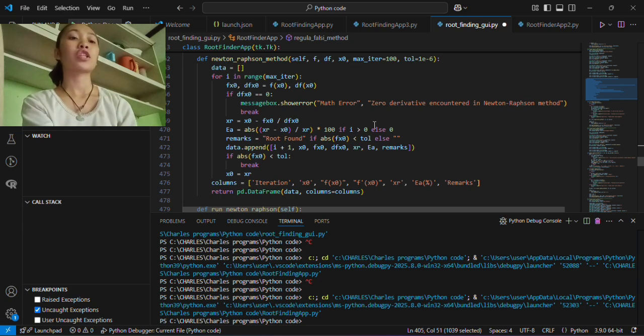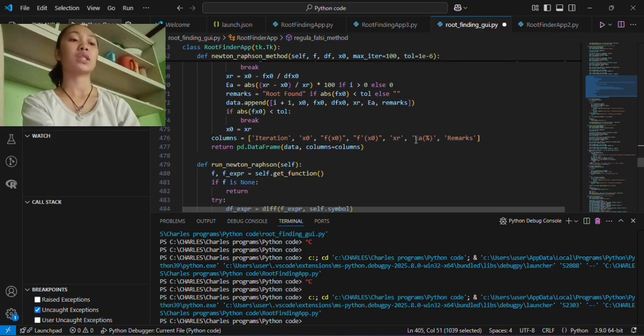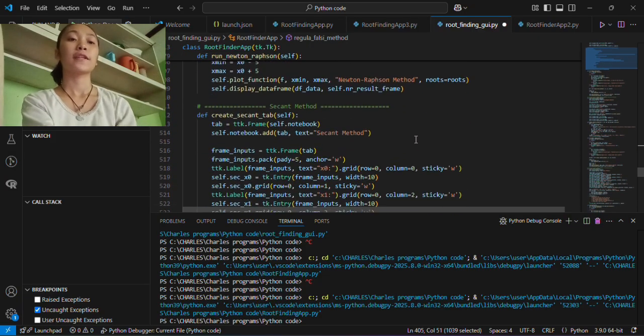It checks if the function value is near 0, then the root is found. The code also saves data and updates the guess to the new root. The Newton-Raphson code applies the Newton-Raphson formula repeatedly, checking errors and derivative validity until convergence.